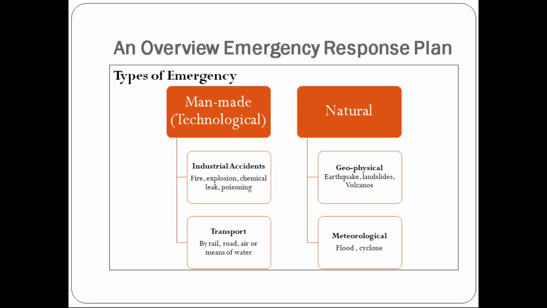Industrial accidents are accidents like fire, explosions, leaks, poisoning, radiation leaks, which happen within installations. Transport accidents occur during transport of products by rail, road, or air. We transport a lot of materials by various means, even by pipeline, which is also part of man-made disaster.